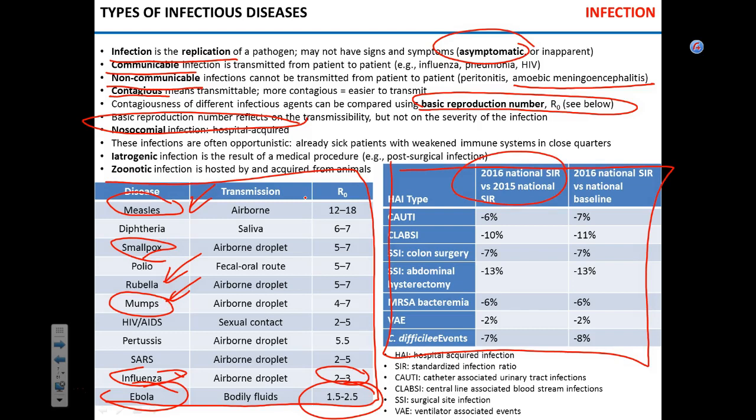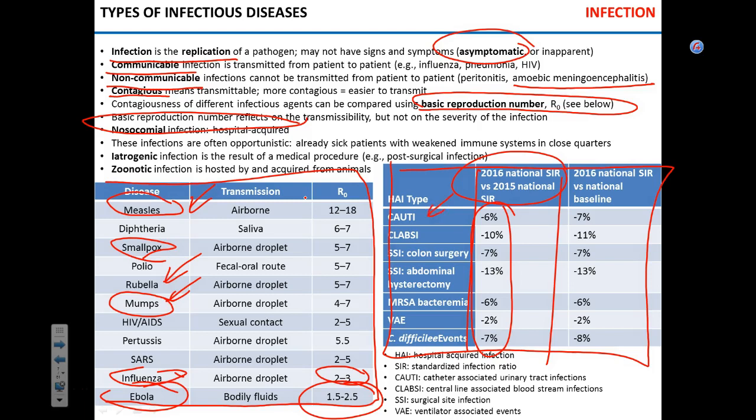This first column shows the change in 2016 versus 2015 in hospital-acquired infections. And I can tell you we're doing all right. You see that all hospital-acquired infections are on the decline. We're doing better in preventing those.